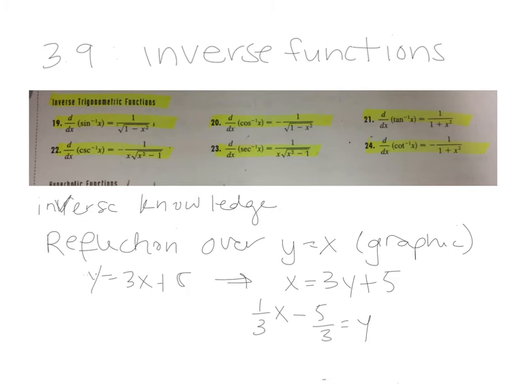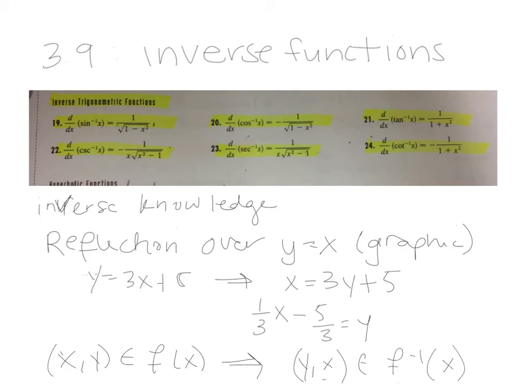So that's the idea that an x, y within f of x can transfer over so that it's y, x within f negative 1 of x. So that's another piece of inverses.